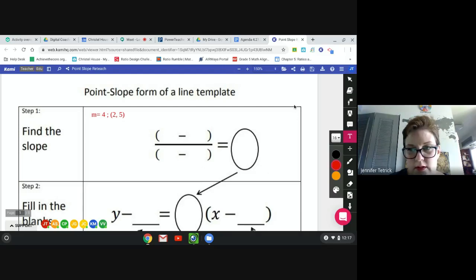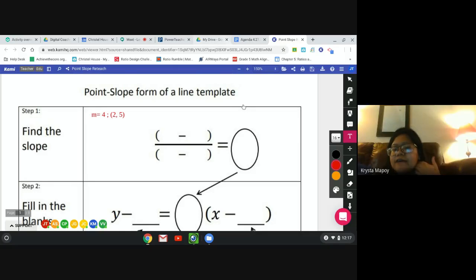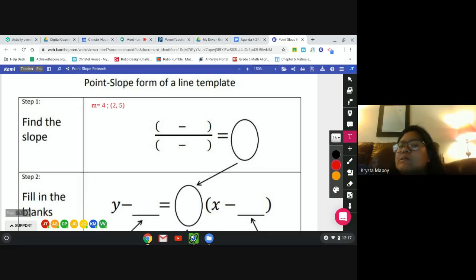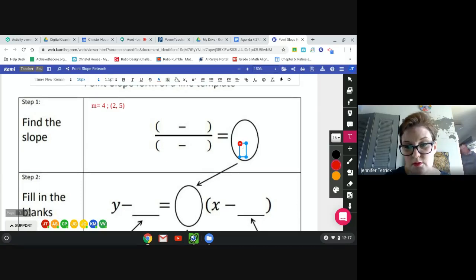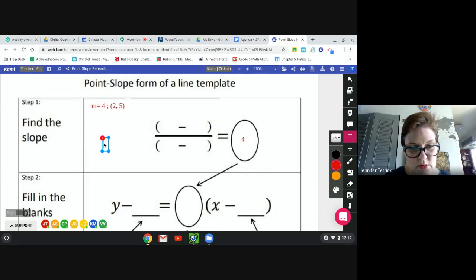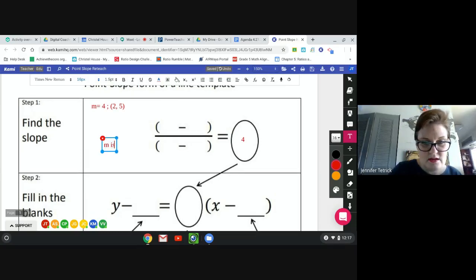Remember, you all can type on this document. Someone put in the chat that you already have the slope and that it is 4. So we don't need to do anything because we already have the slope. It's given. Thank you to that person. So I'm going to document over here: M is slope and is given. Good job to that person.